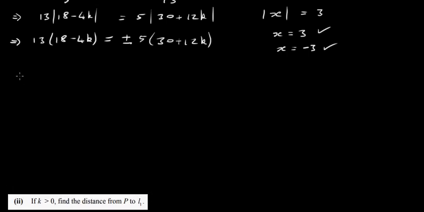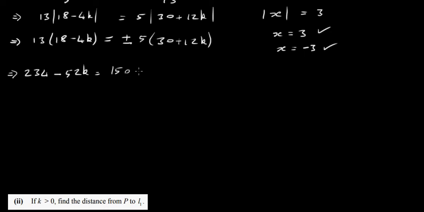Okay, so let's take the first one. We've got 13 times 18, so that's 234. So I'm just going to multiply these out. 234 minus 4 times 13, which is 52k, can be equal to plus 5 times 30, so that's going to be 150. I'm just taking the plus version first.